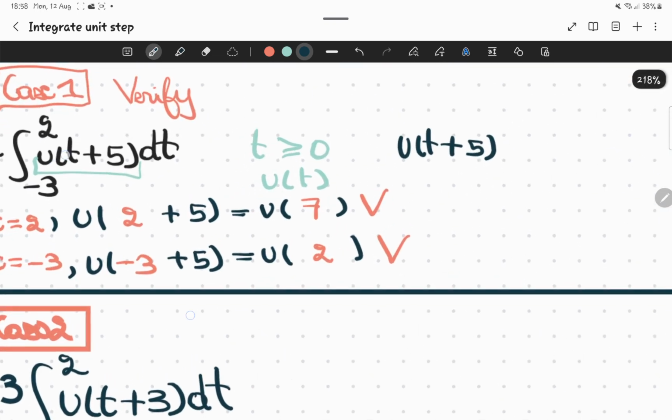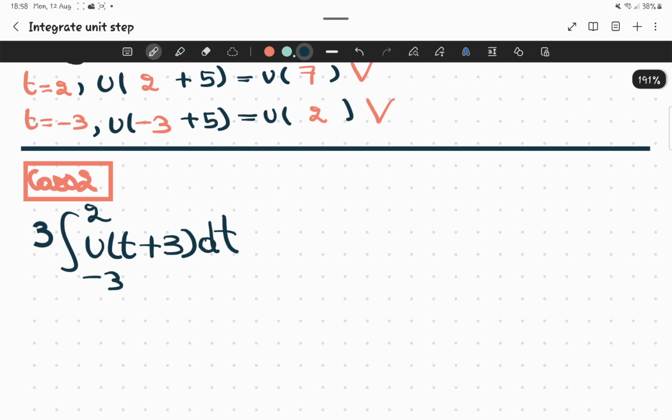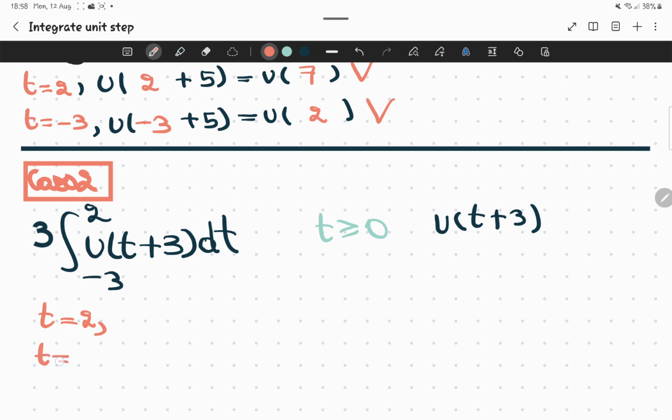So now we have something like this. Now we need to check, and the formula is t and the unit step. Let's suppose t equal to 2 and t equal to negative 3. Now we're gonna have t plus 3, u(t) plus 3. So what is the value at t equals 2?